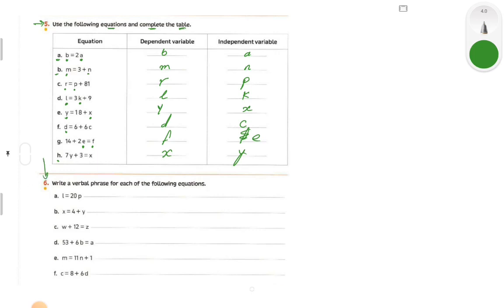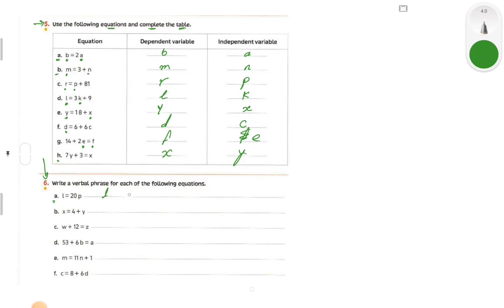Next question, write a verbal phrase for each of the following equations. The first equation, L equals 20B.